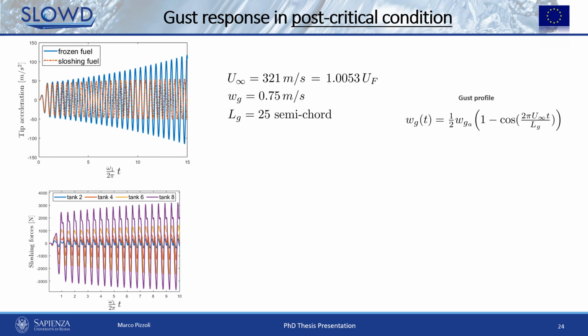Finally, the third and last response analysis is conducted instead under post-critical condition at a velocity of 321 meters per second. And in this case, the frozen model is unstable, as we expect, but sloshing succeeds in introducing enough damping to favor the onset of a limit cycle oscillation.